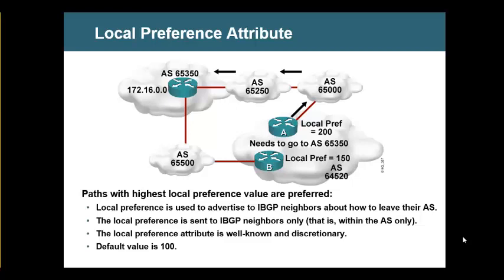It will not be useful between eBGPs. So this won't be seen. That's why it is coming under well-known discretionary attribute. Local preference is used to advertise to iBGP neighbors only.